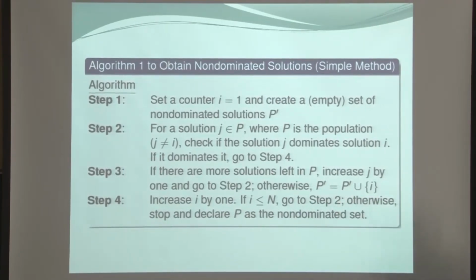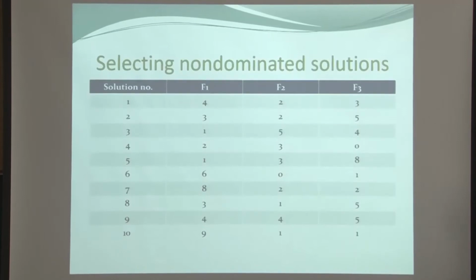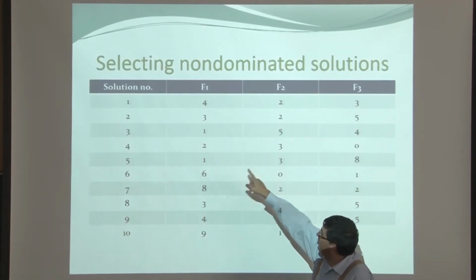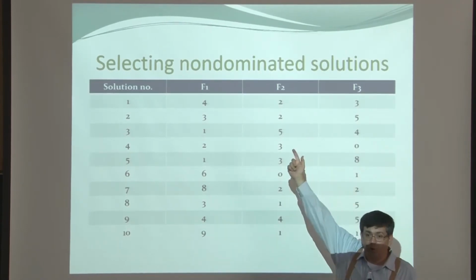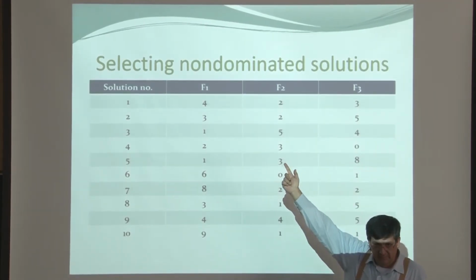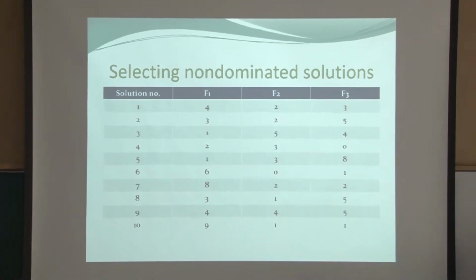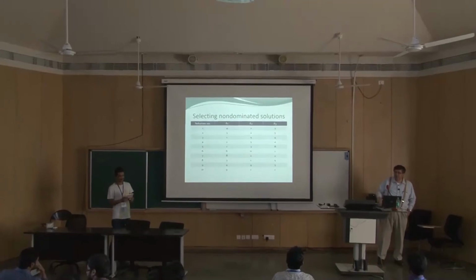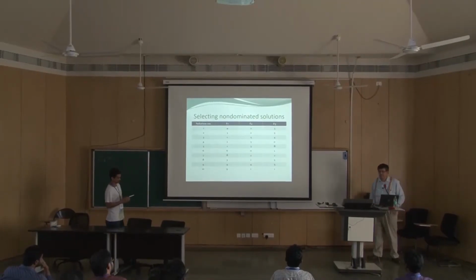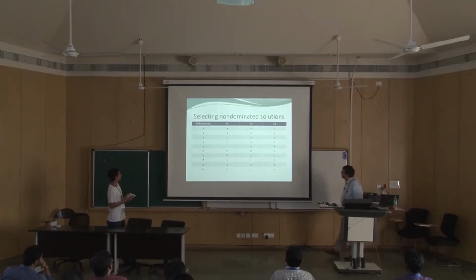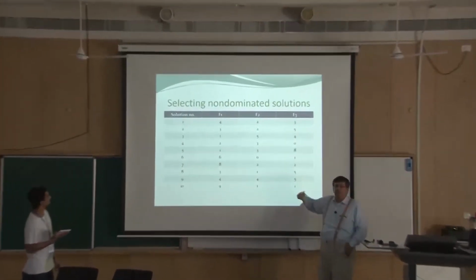Now we are going to compare solution 3 always with respect to solution 1, okay? So again, the question: does solution 3 dominate solution 1? Yes or no? No. Then we increase J.